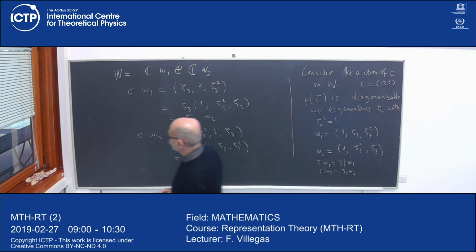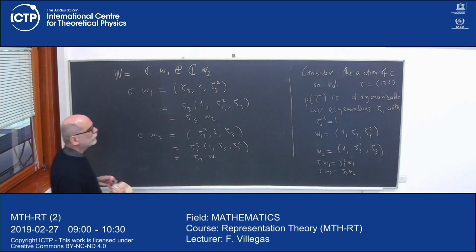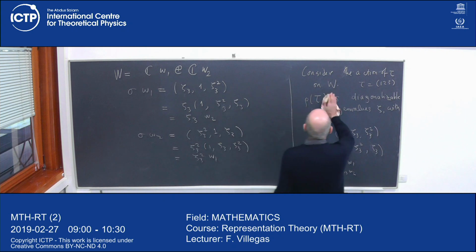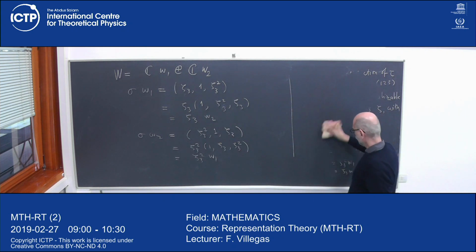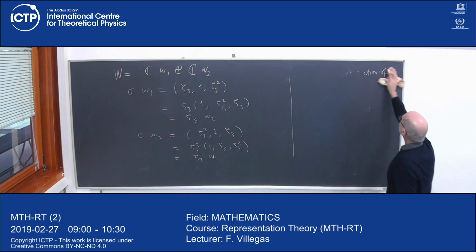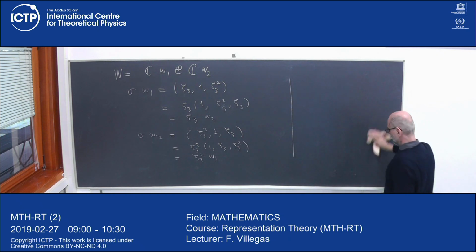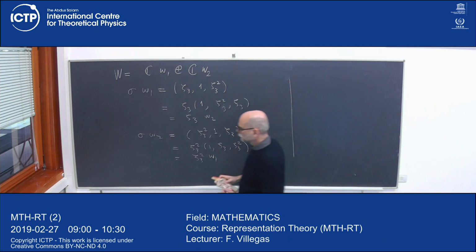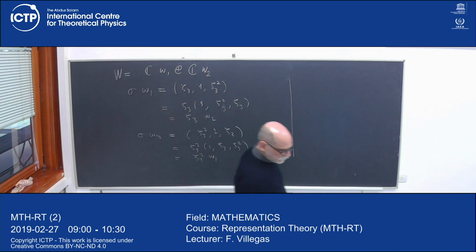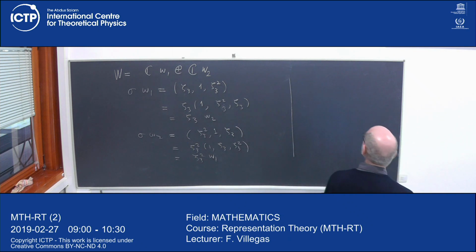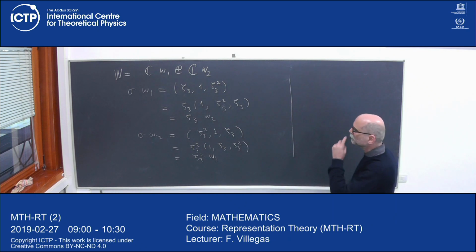So that means that in this basis, and recall that we're interested in representations up to isomorphism, so a change in basis gives us an isomorphic representation, mapped to GL3, which is conjugate to the one we had.